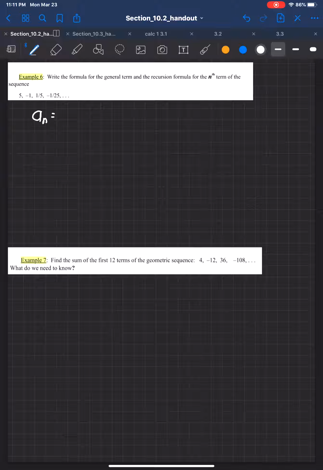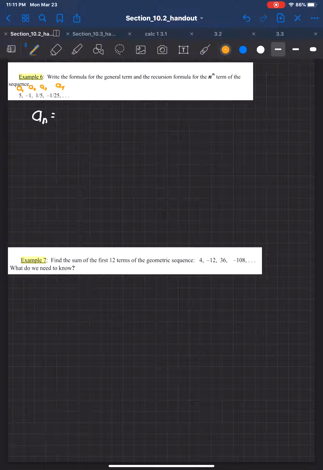So the sequence starts out as, and I'm going to label right over top of it, a sub 1 is 5, a sub 2 is negative 1, a sub 3 is 1/5, a sub 4 is negative 1/25.